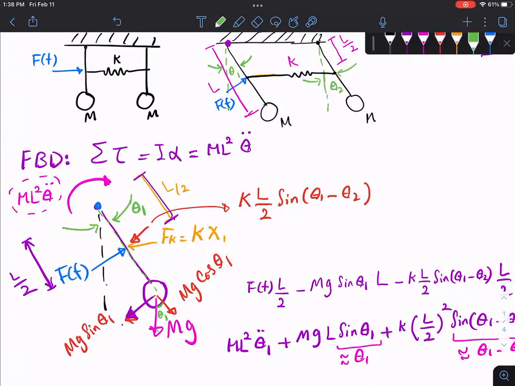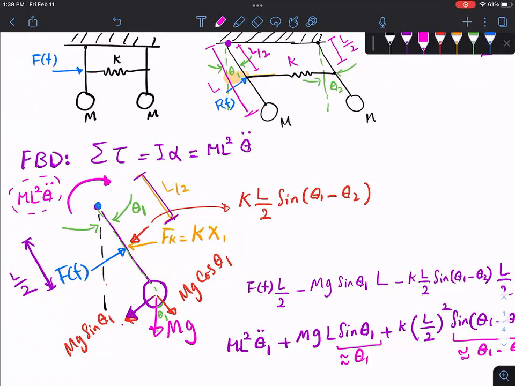So what we have to do is convert that translational motion to rotational. If you look here, let me draw, the deflection will be this deflection, right? So you have this L over 2, 1/2 L times the sine of theta 1.